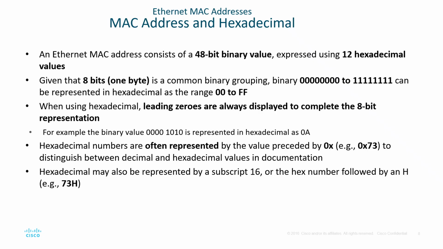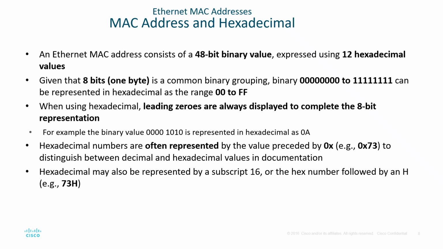For example, the binary value 00001010 could be represented as 0A. And again, do the conversions in order to see how you get there. Hexadecimal numbers are often represented by the value preceded by 0x. So as an example, if you see 0x73, you know it's a hexadecimal digit.